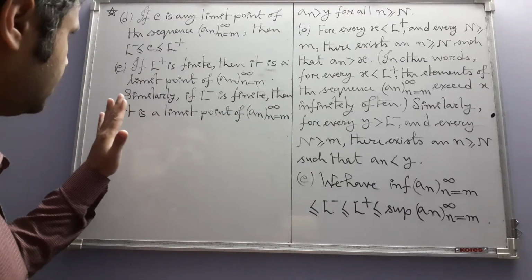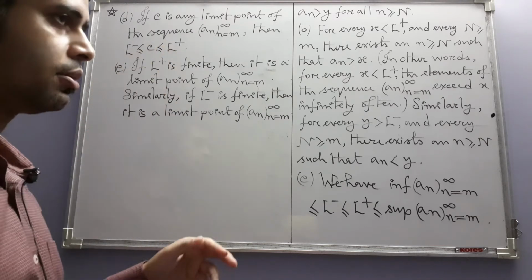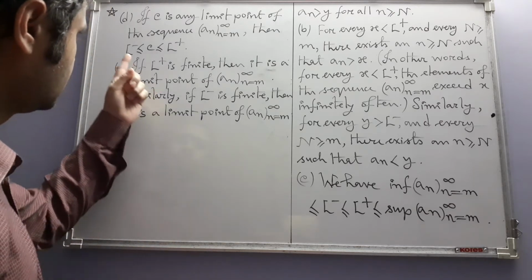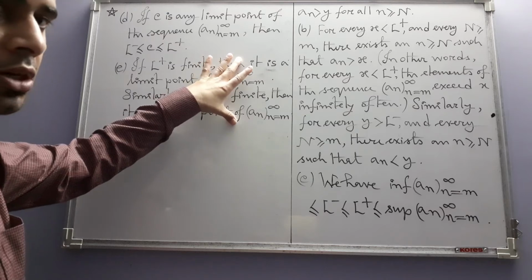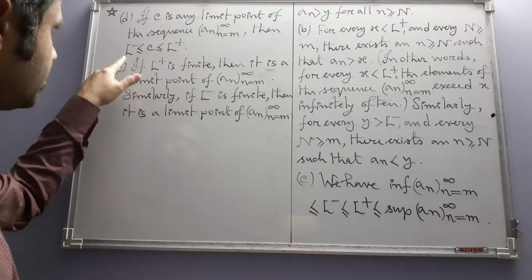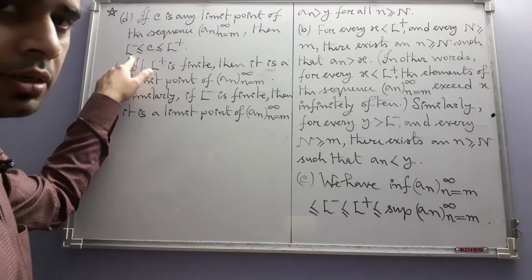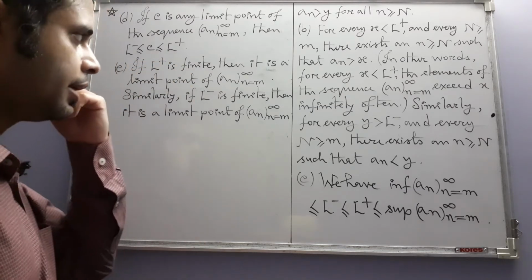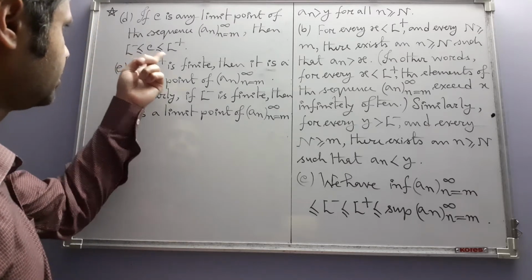So it means that if our limit inferior and limit superior are finite, are real numbers, then they are limit points. That's what part E says. But then combining this with part D, you get the fact that in that case, the limit inferior is the smallest possible limit point and the limit superior is the largest possible limit point. Any other limit point that the sequence may have will lie in between them.